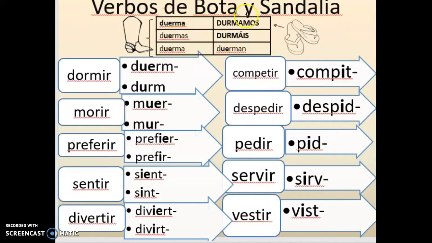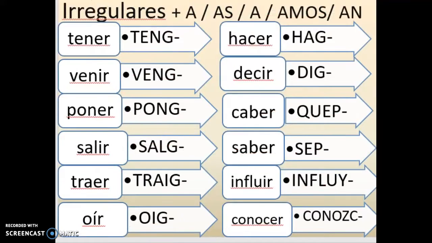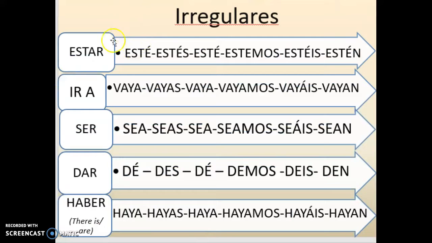So these verbos de bota or de sandalia. You also have your go verbs: tenga, venga, ponga, salga. Don't forget your highly irregulars like estar, ir, ser, dar, haber.